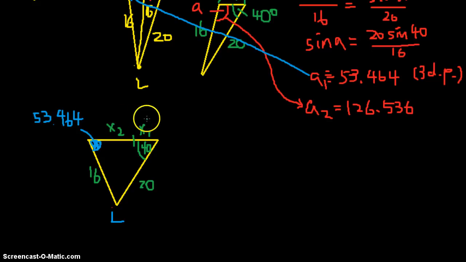Now, the base of the triangle is a little bit longer, and I have this blue angle. This blue angle is what we found just now. That's my A1. And all we have to do now is find the distance x2, right? Now if I apply sine rule, in fact, even before I do that, I know this is 40 degrees, and I know this is 53.464.